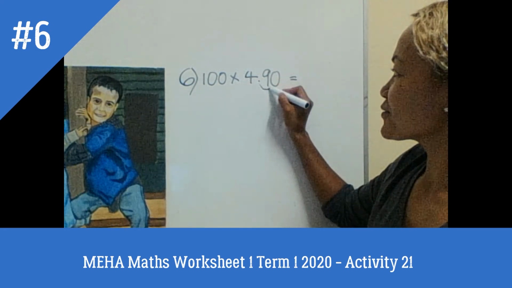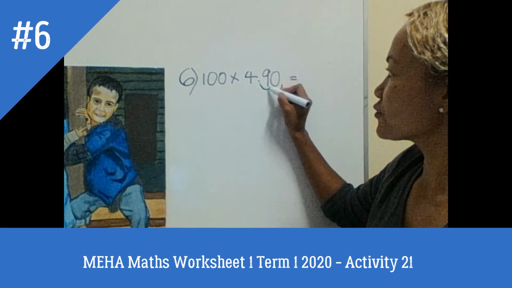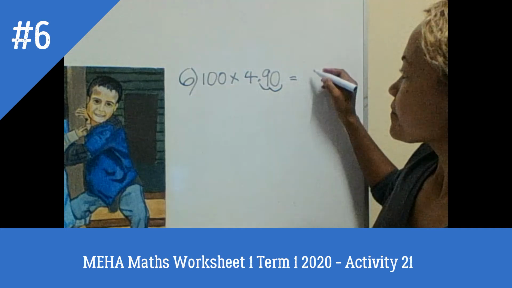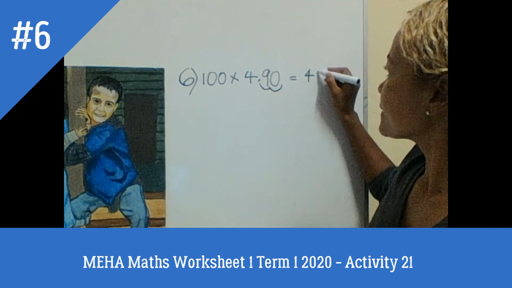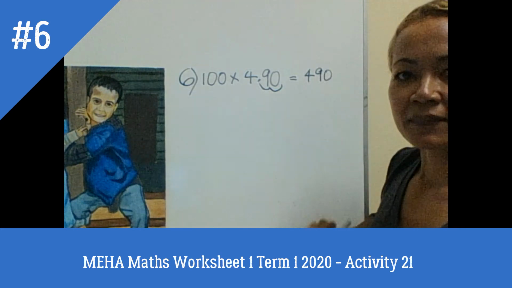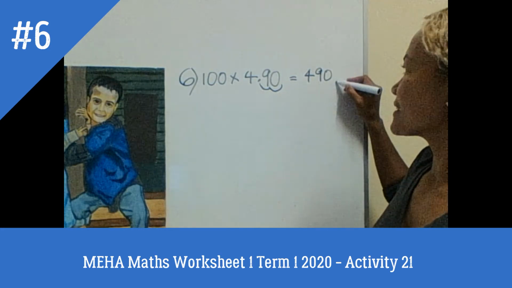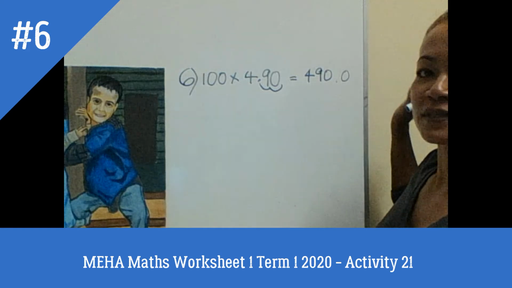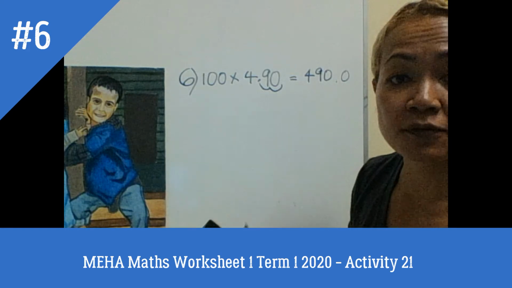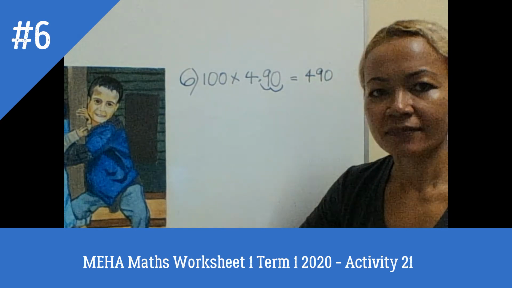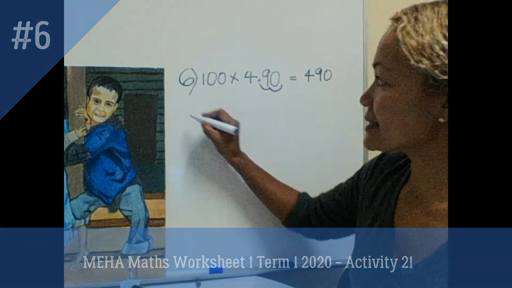Okay. 2 decimal places, two movements of the decimal point. So it's now 490. Now the decimal point is there with more zeros, but of course, like I explained before, we do not show that. Okay.